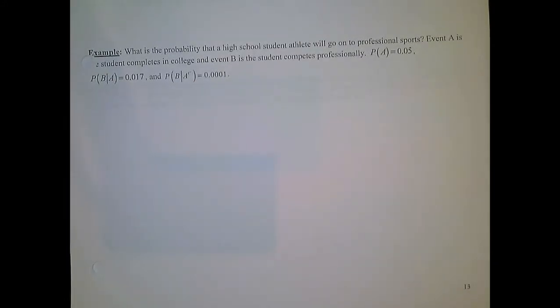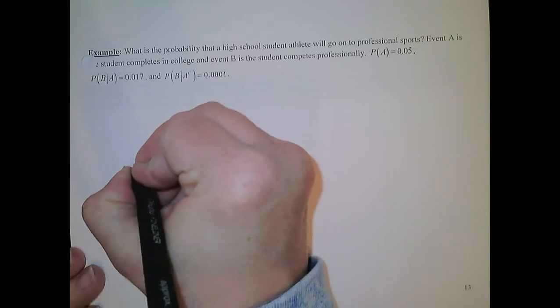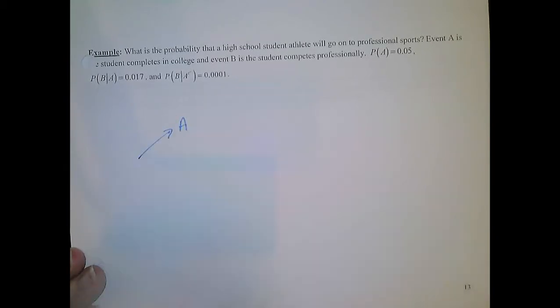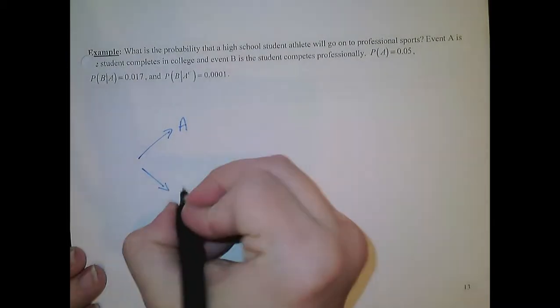So again, I'm going to start with a tree diagram to represent the outcomes. We have a student athlete. And if that student athlete played in high school, then one of two things is going to happen. He's either going to go on to play in college, event A, or he's not going to go on to play in college, A complement.